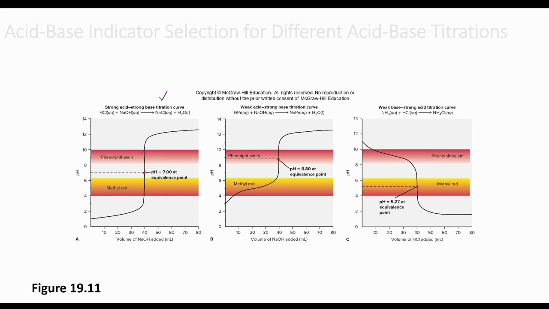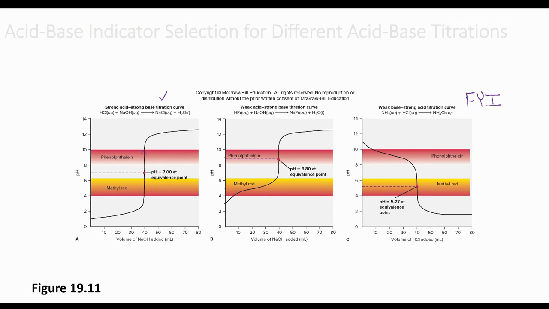Weak acid and strong base, for propanoic acid, the equivalence point would already be pink for that particular indicator. Okay, and then one other comment, and I won't stress this. Here's a weak base, strong acid titration curve. So this is just an FYI.